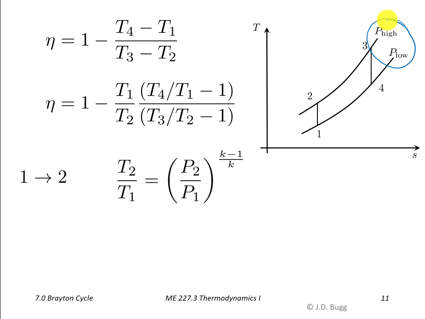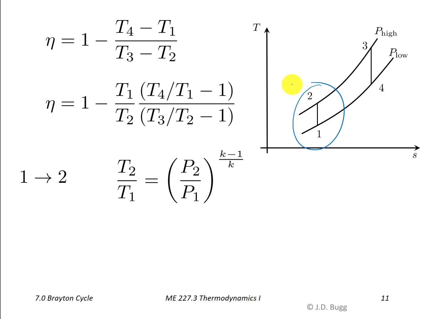Well, if we look at this process from 1 to 2, remember that's our compressor, and this is an ideal cycle, so that's an isentropic compressor. And remember, an isentropic process with an ideal gas with constant specific heats is a polytropic process, and that follows PV to the K is a constant.